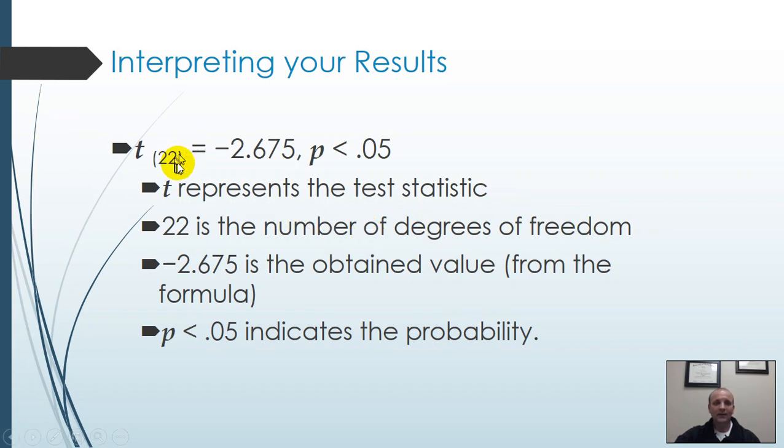It's basically the sample minus 1, to reduce the probability of type 1 errors from occurring, essentially. So negative 2.675 is the obtained value from the formula, and 0.05 is the probability. This is the test statistic that was achieved, and that's the probability of it occurring within the population.